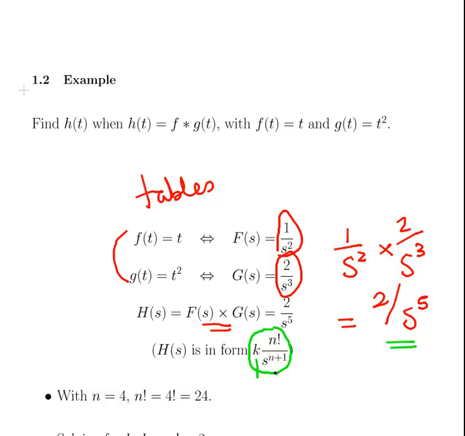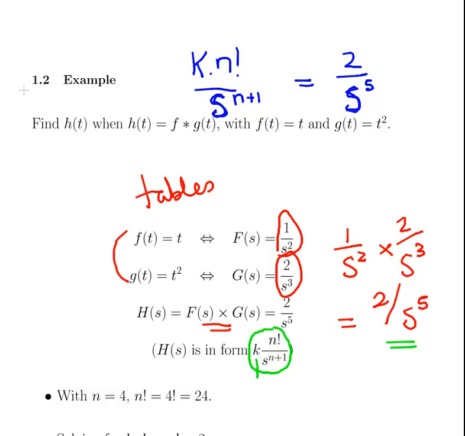and that's in the form k times n factorial over s to the power of n plus 1. What we're going to do is superimpose this structure on our expression.